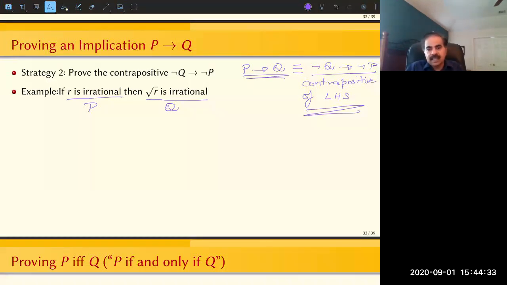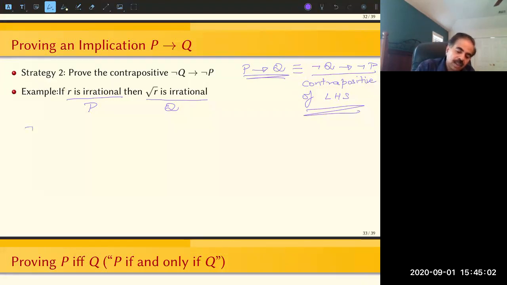Because it says that it cannot be expressed as P by Q, where P and Q are integers, and so on. But the fact that it cannot be expressed, what does it say about its square root? It's really difficult to do much.